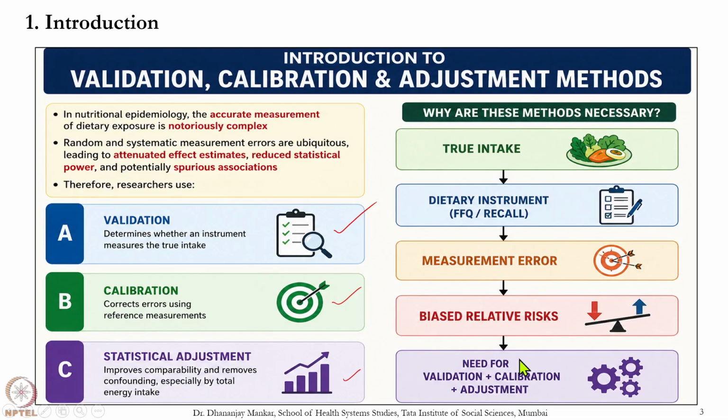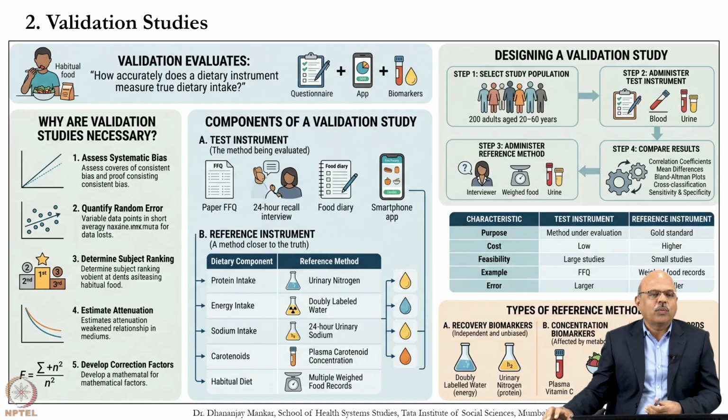Now we'll talk about validation studies. Validation evaluates how accurately a dietary instrument measures diet intake. We have dietary questionnaires, apps and biomarkers. The habitual food habit is calculated from the questionnaire, the apps or biomarkers.